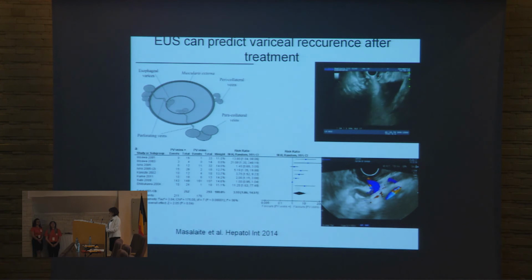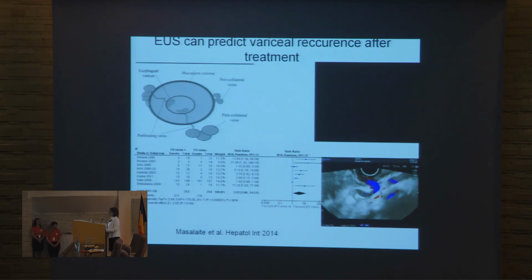Another situation is in case of varices, and this is a case we had. You can see how impressive this aspect is, and the Doppler is also seen. And we look, of course, especially for perforating veins, and paracollateral veins also. And this is a meta-analysis which is very, very nice.